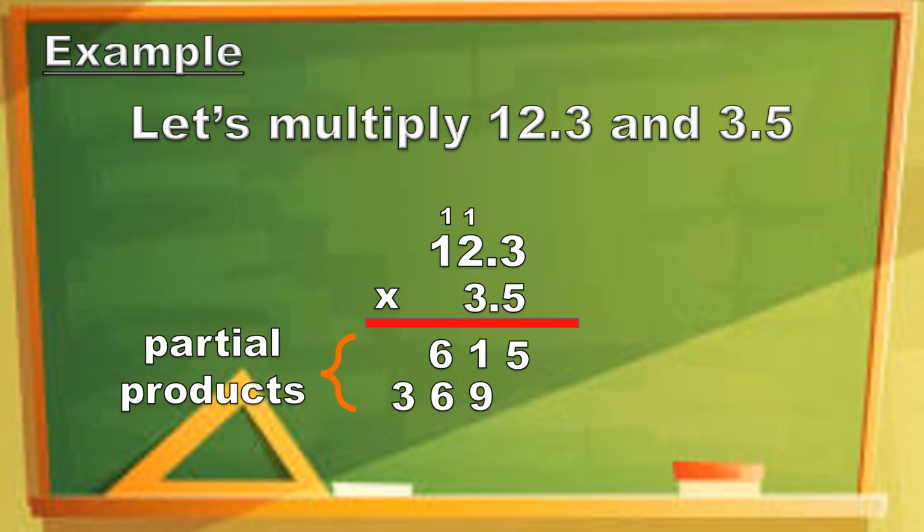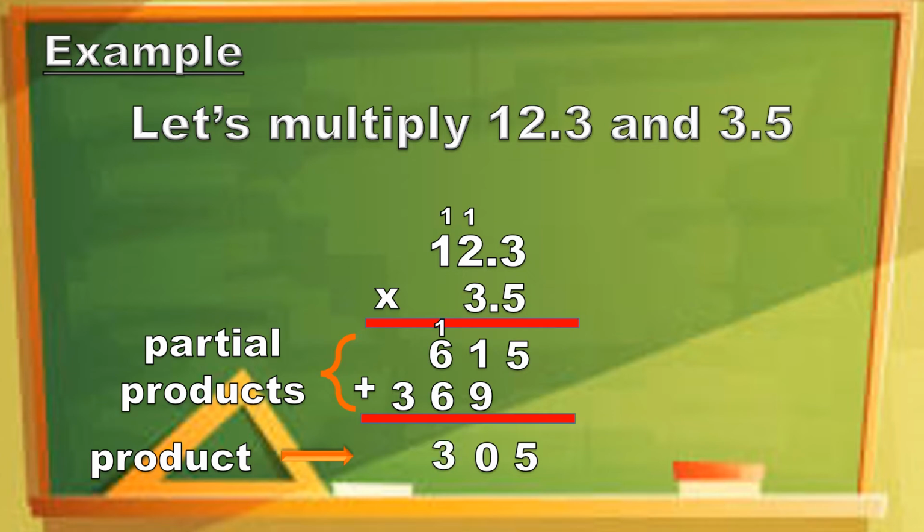To get the final product, we have to add our partial products. So we bring down 5. We add 1 and 9, and that's 10. Carry 1. And then 1 plus 6 is 7, plus 6 is 13. Carry 1 again. 1 plus 3 is 4.